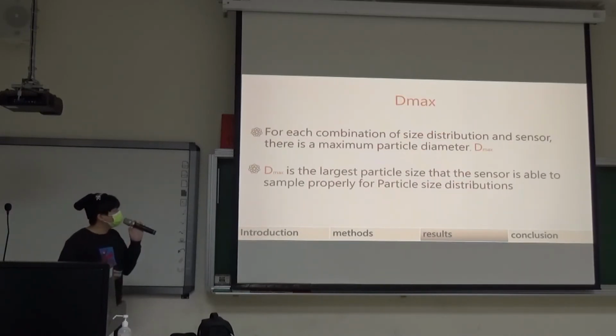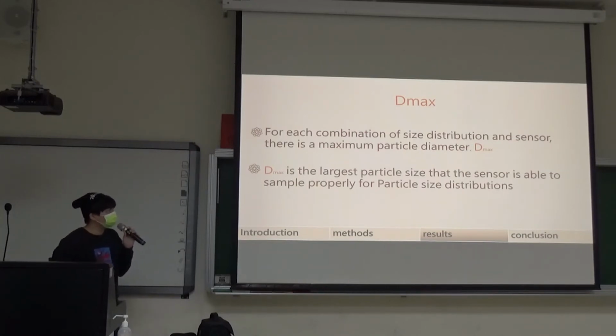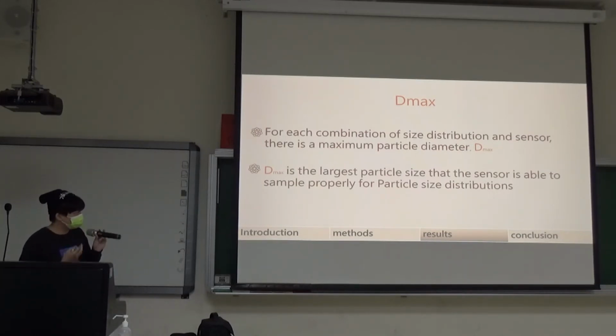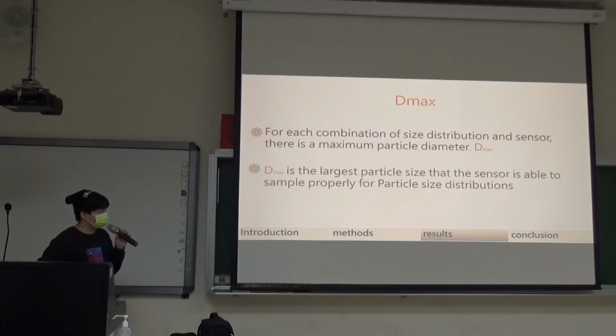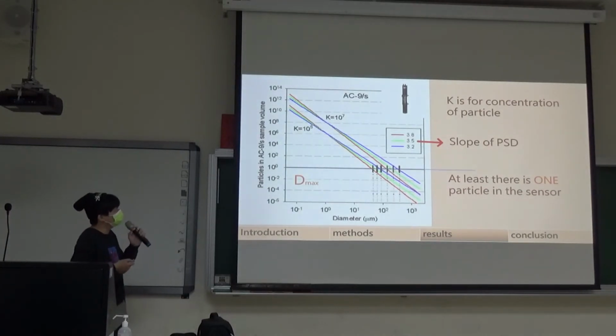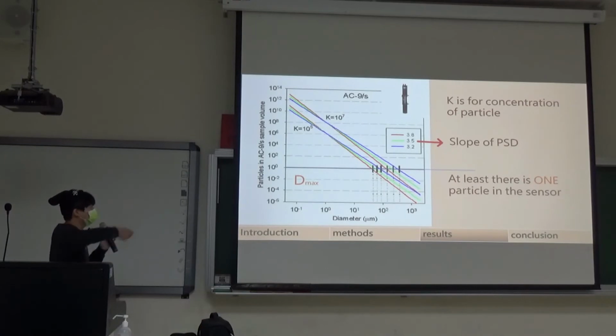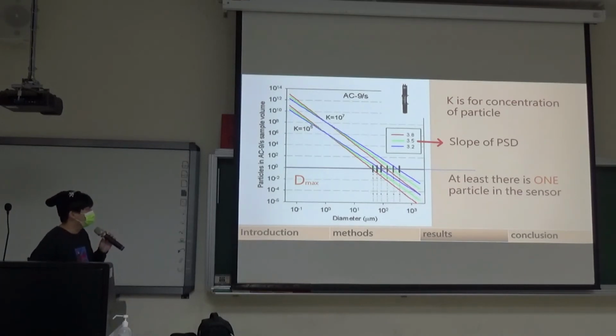Next we talk about the Dmax. For each combination of size distribution and sensor, there is a maximum particle size called the Dmax. The Dmax is the largest particle size that the sensor is able to sample properly for a given particle size distribution. You may ask, what is the Dmax? In this picture for the AC9, the y-axis is the particles in the AC9 volume sample, and the x-axis is the size of the particle.